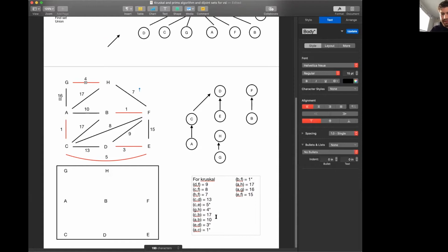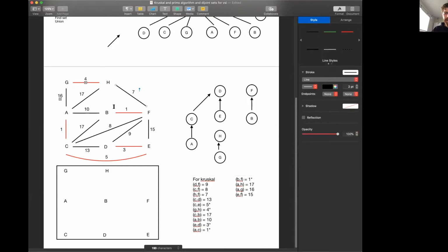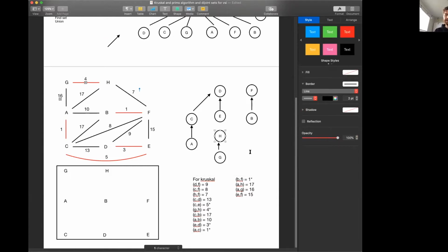We forgot to mark it. So 7, it's HF. I look at the graph and HF is right here. I call find set on H, and that's the same situation as with C. We called find set on C and it gave us C because it is actually the root. I call find set on H, it gives me H. I call find set on F, also the same situation, that gives me F.